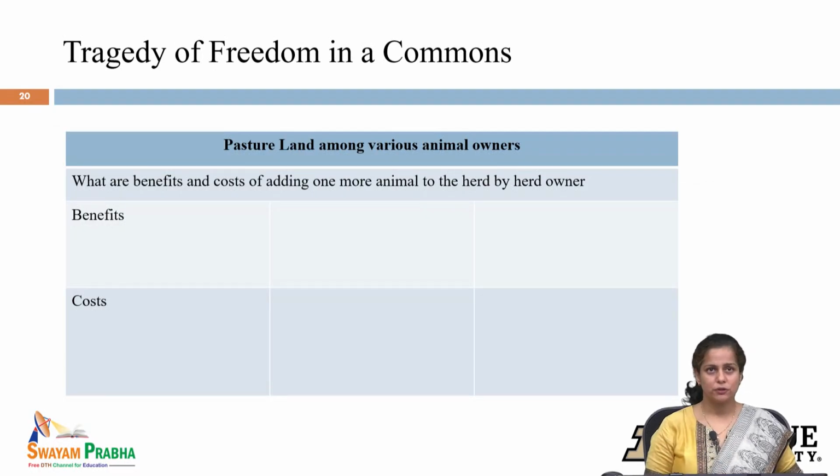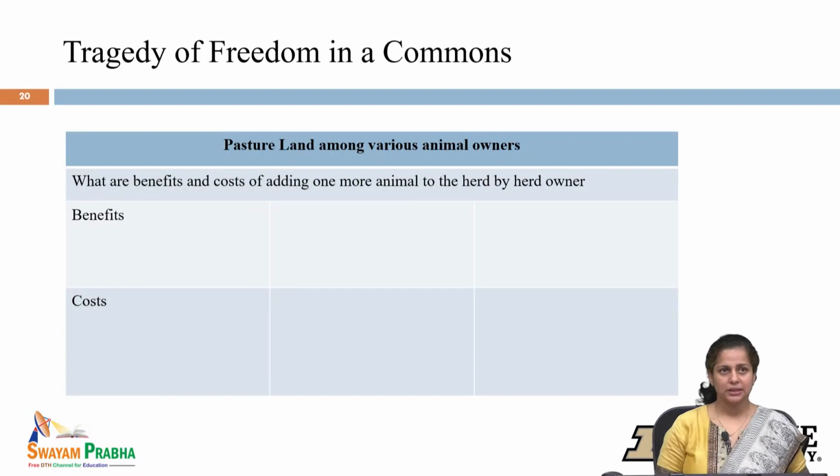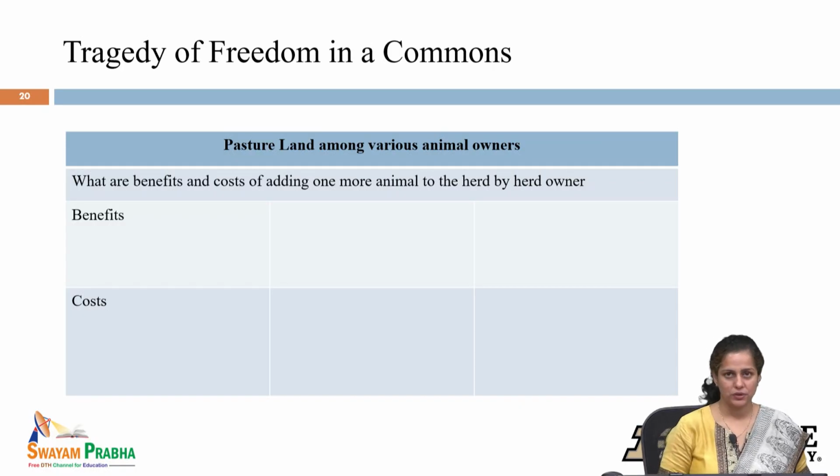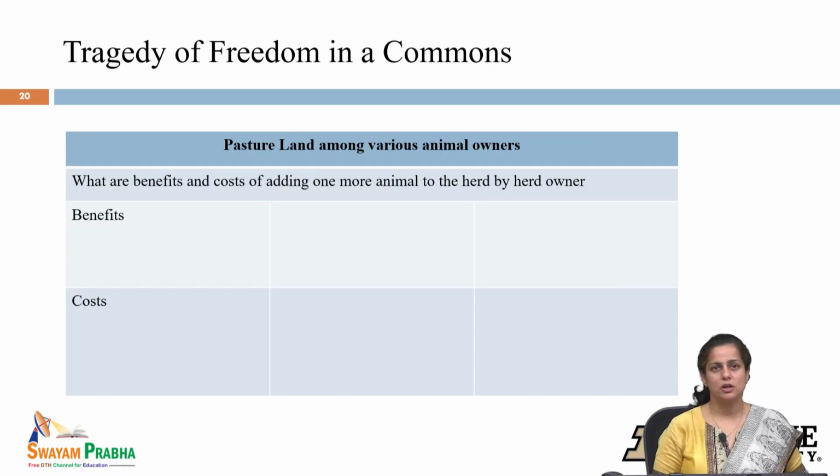So, one example of tragedy of freedom in commons is that let us say we have a pasture land and a lot of different animal owners are using it. So, let us say an owner of a herd buys one more cow and adds it. The person who is deriving the benefit would be the person who is owning the cow.